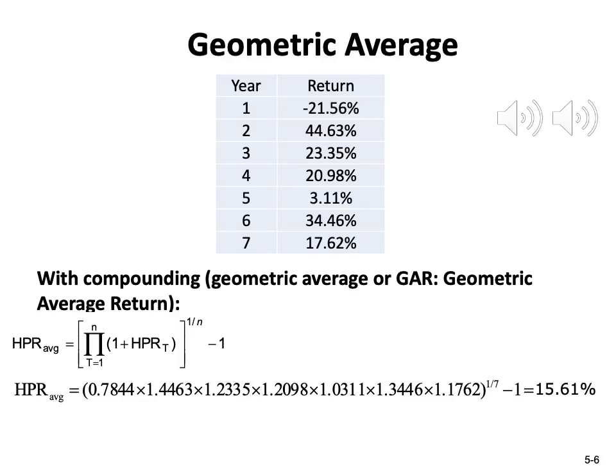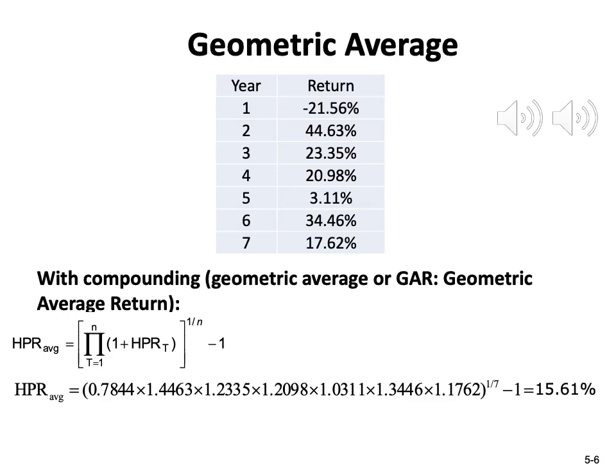You multiply 1 plus 17.62%. In this way, you calculate the cumulative return over the 7 years. And then take the whole thing to the power of 1 over 7, minus 1, and you get the geometric average return. So 15.61% per year.